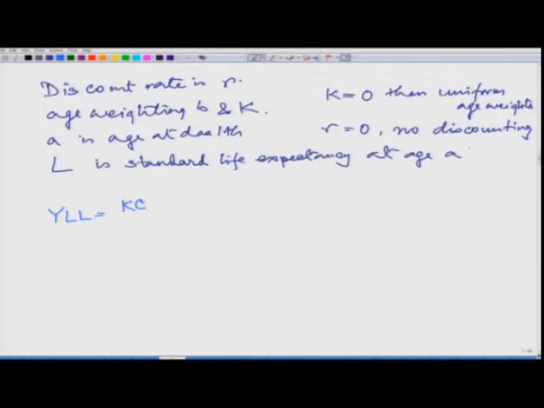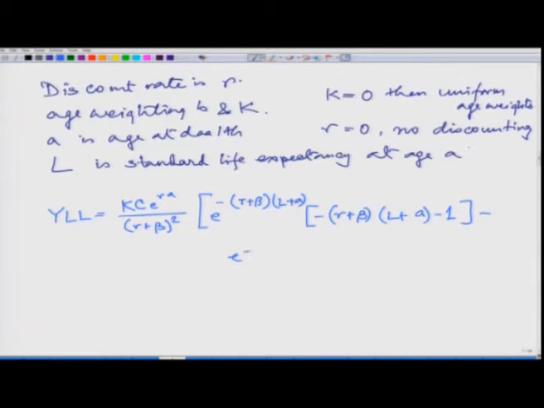YLL is K to the power RA, plus 1 minus K by R, to 1 minus e to the power minus RL.